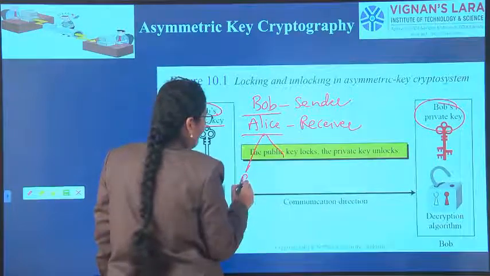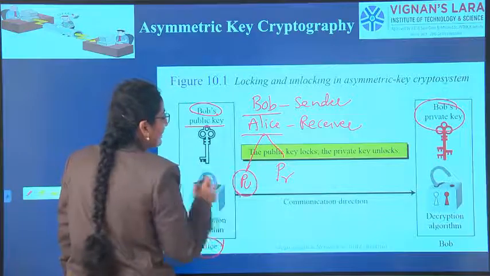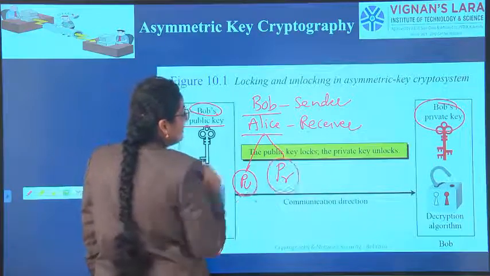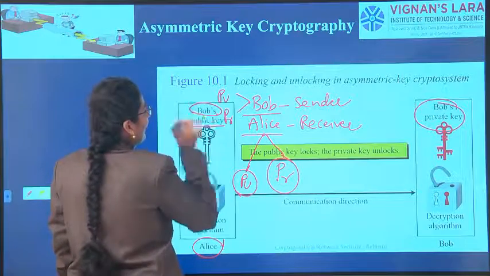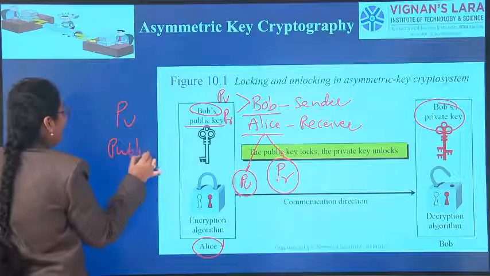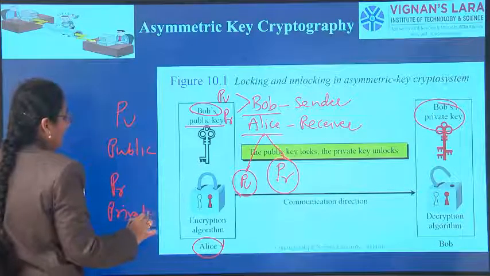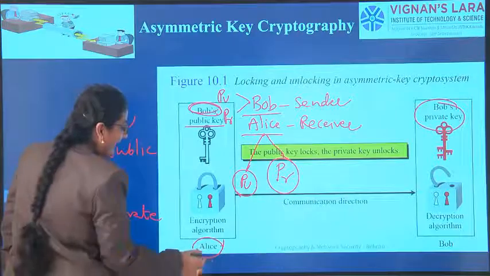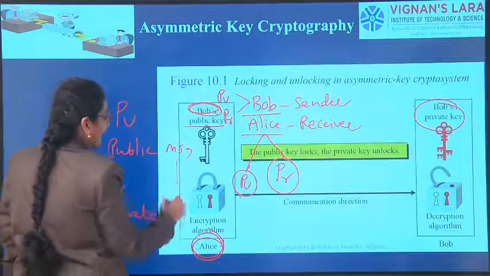Alice also will have a public key and a private key. PU means public key. PR means private key. Bob also will have a public key and a private key. Bob is the sender, Alice is the receiver. Bob wants to send a message to Alice.